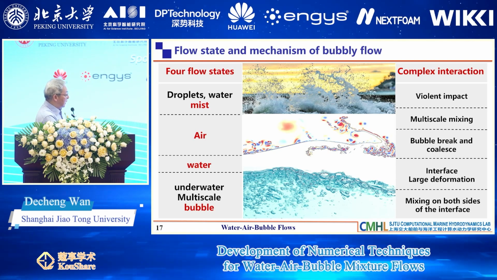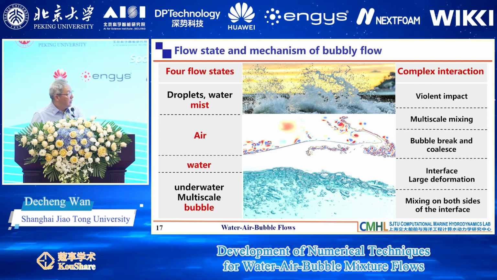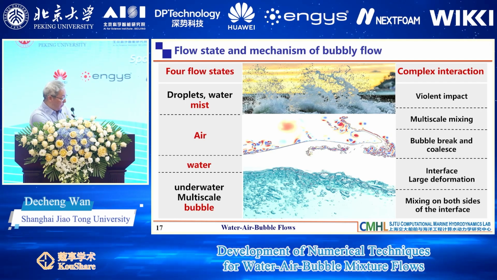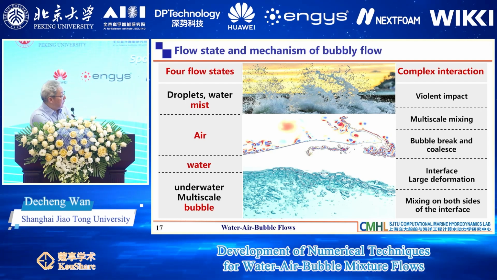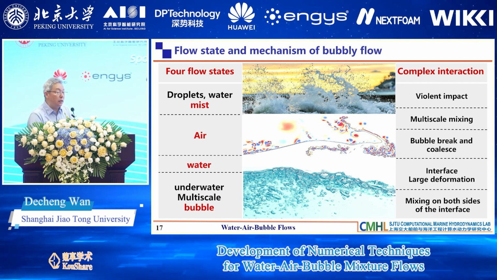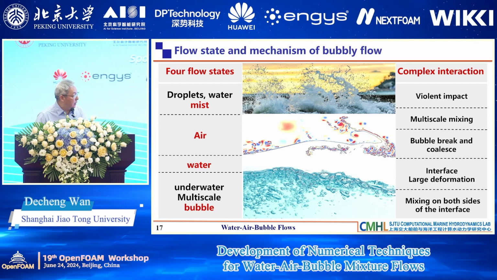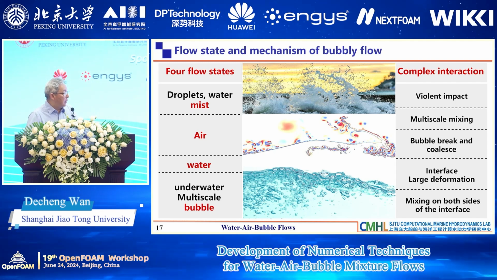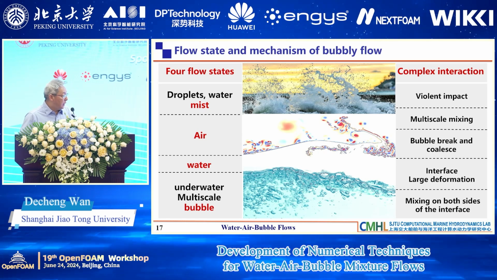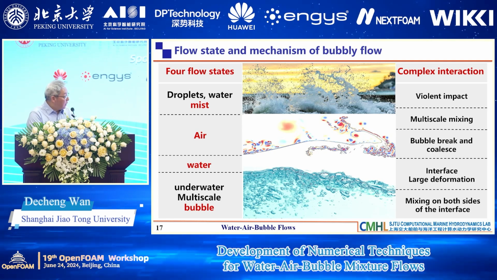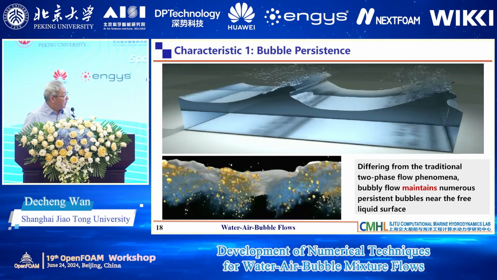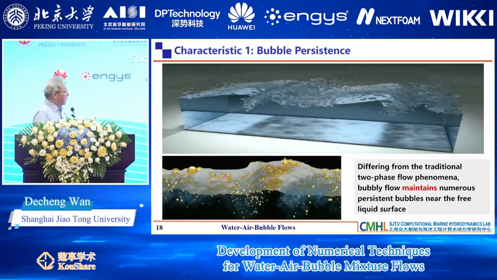And under the water, you also can see a lot of bubbles. So we have this complex interaction, processes like violent impact, multi-scale mixing, bubble breaking, collision, interface formation and merging. So it's very complex.